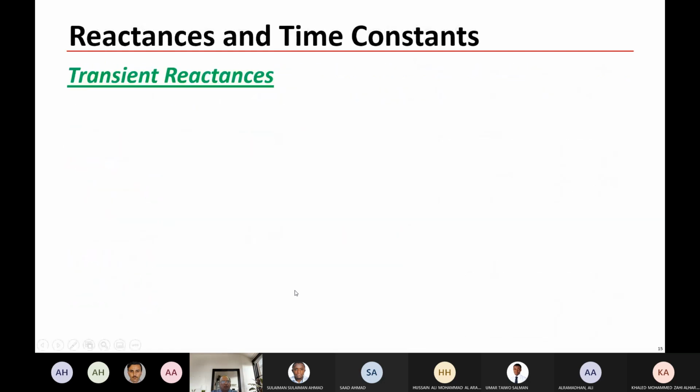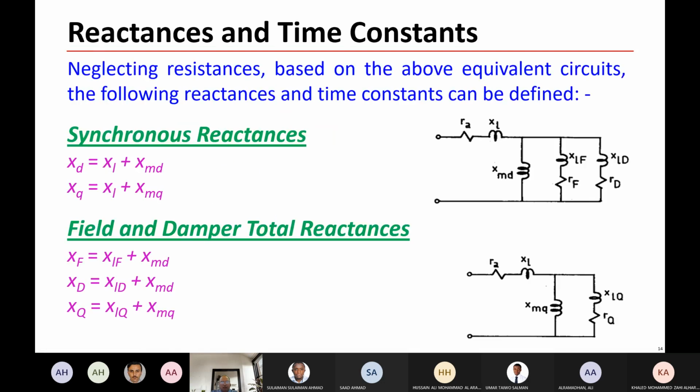And if we have the transient reactance, equal to XL, and you have the field winding here, which has the influence in the transient period. So you have the field winding and XMD in parallel, as you can see here in this equivalent circuit.